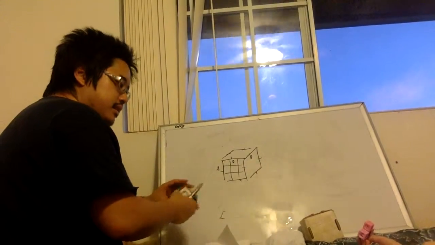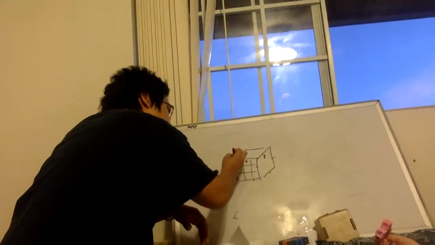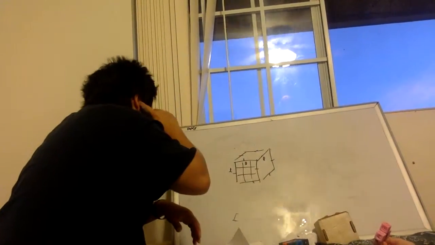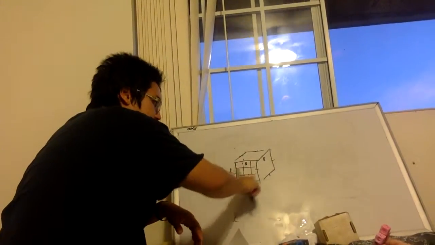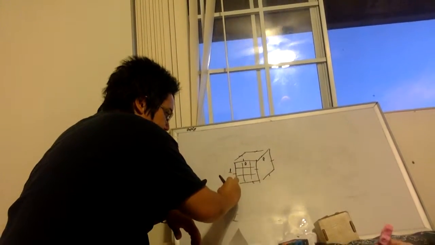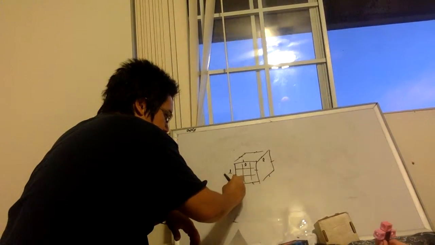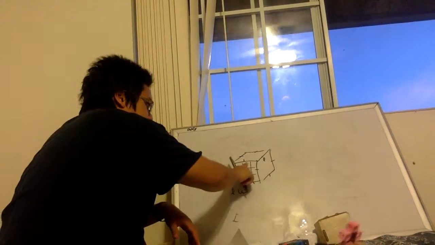Does that make sense? Yep. So what you actually did was, in order to get the area of the face, you multiply length times width. Let's pretend that's a W.